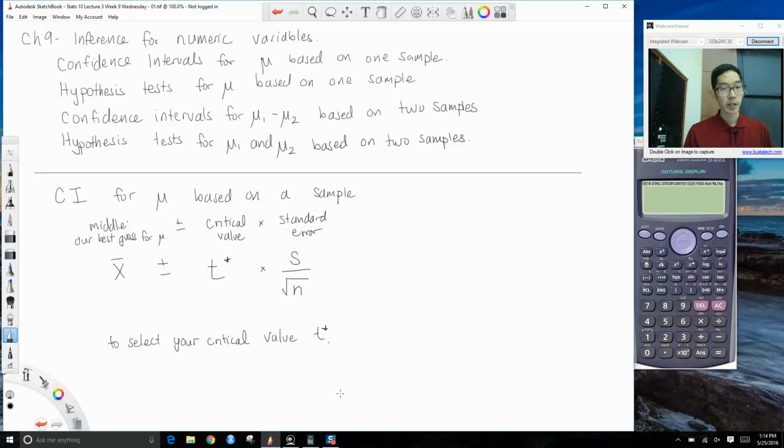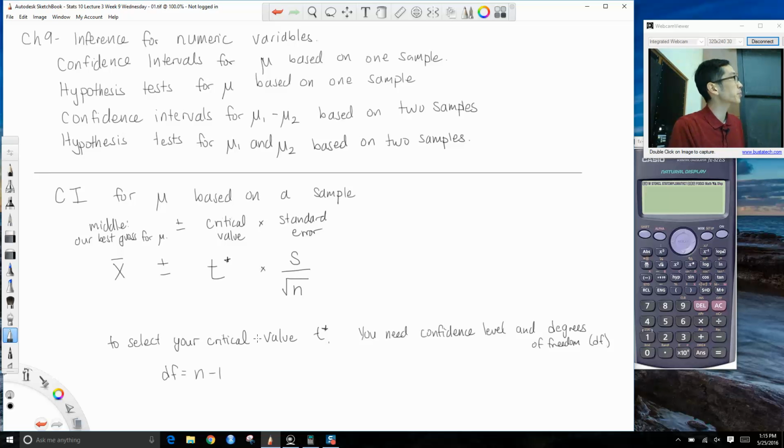You will need to know your confidence level and the degrees of freedom, which is DF. When we have one sample, our degrees of freedom is equal to n minus 1.